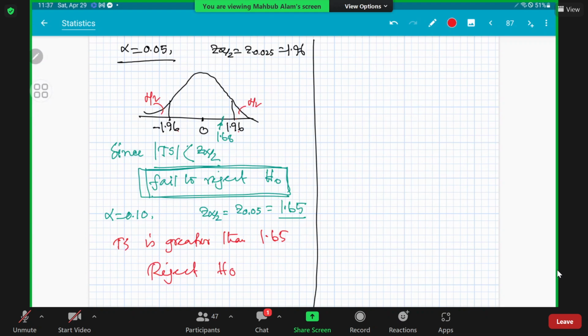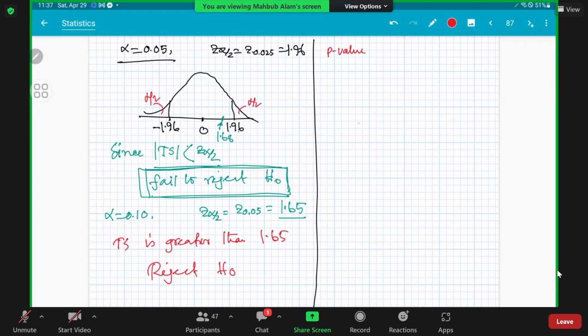Now, what is the p-value? The p-value is the minimum significance level at which we reject the null hypothesis. Any significance level lower than this, we do not reject the null hypothesis.